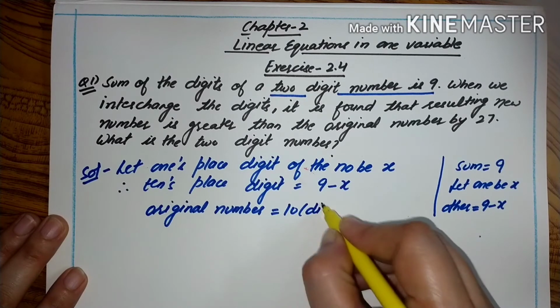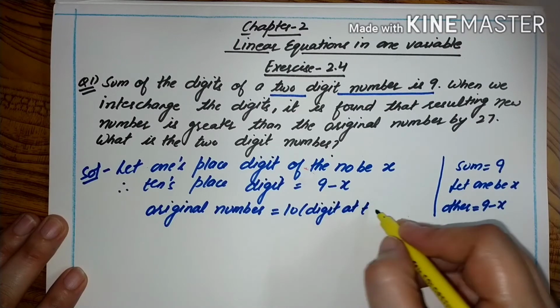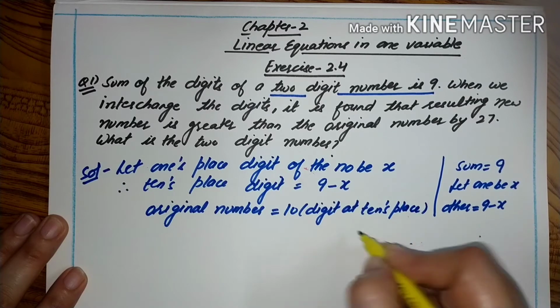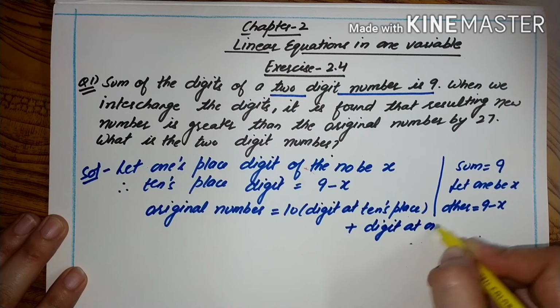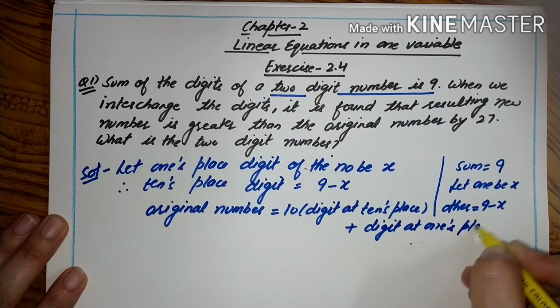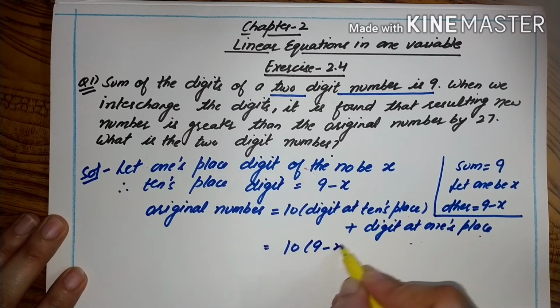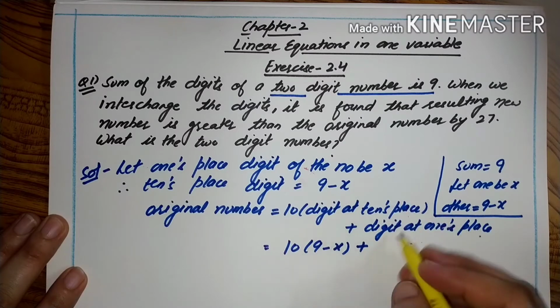tens place. 10 will be multiplied with the digit at tens place always, remember it, plus the digit at ones place. So 10 into 9 minus x plus, what is the digit at ones place? x.